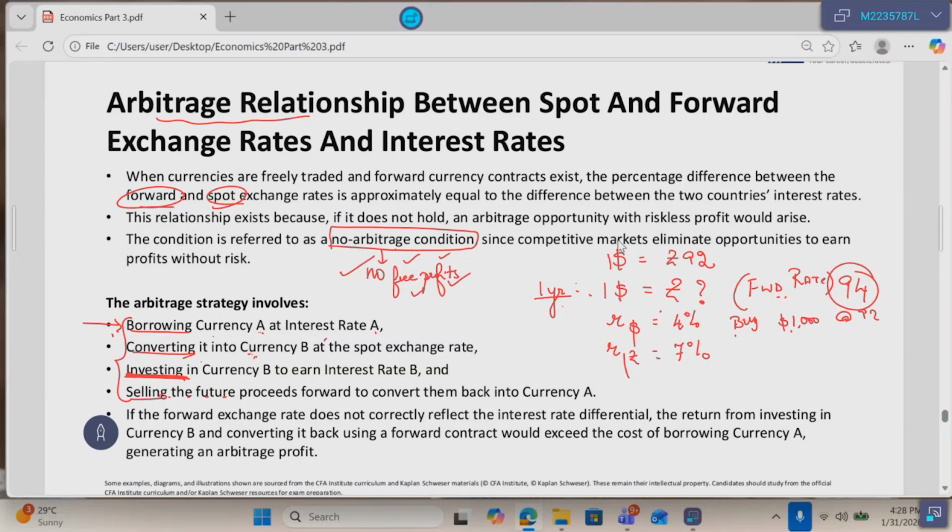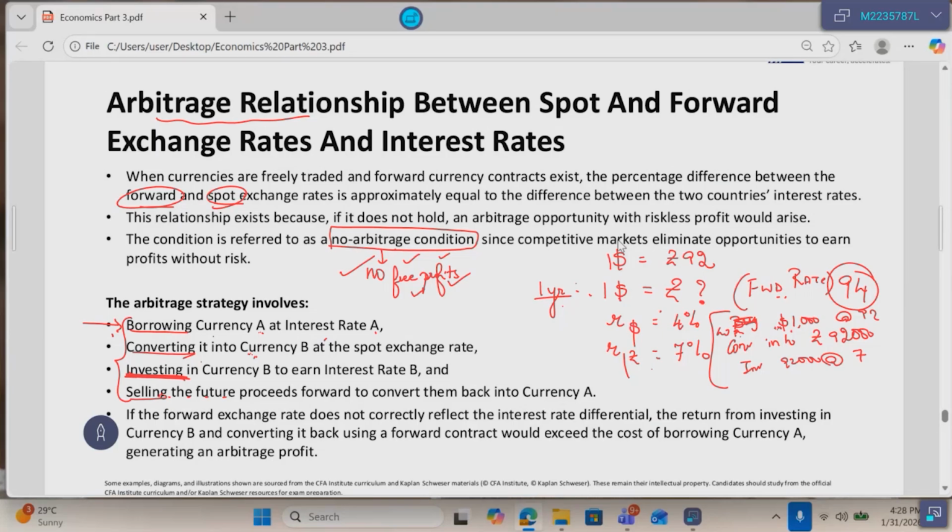You tell your bank, give me a loan. Okay, so this is a loan of $1,000. The bank will charge interest. This loan, you will go and invest in rupees. This will convert into how much rupees? 92,000 rupees. And this 92,000 rupees you will invest at what rate of interest? At the Indian rate of interest. So you will invest it at 7%.